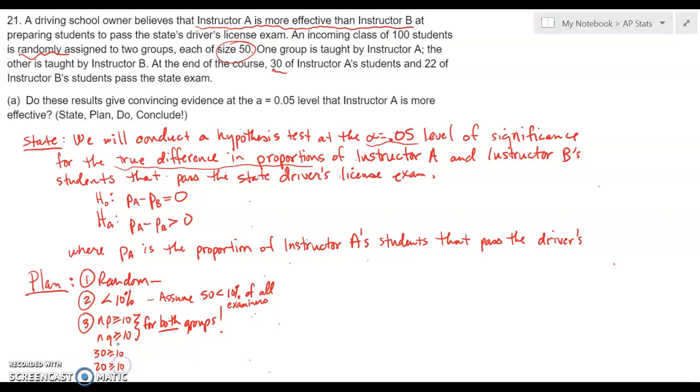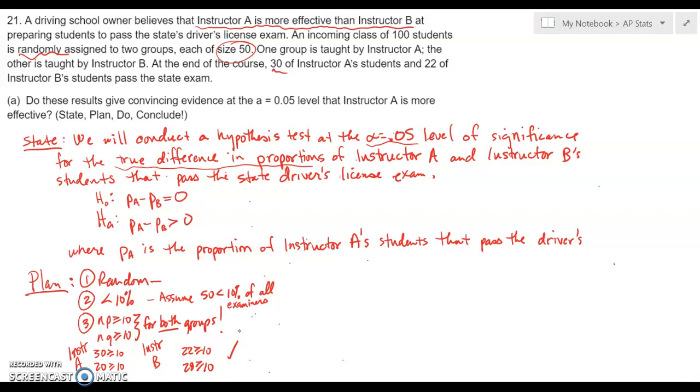So for instructor A, that works. For instructor B, we've got 22 successes, so 22 successes greater than or equal to 10, and then 28 failures greater than or equal to 10. So this checks out.